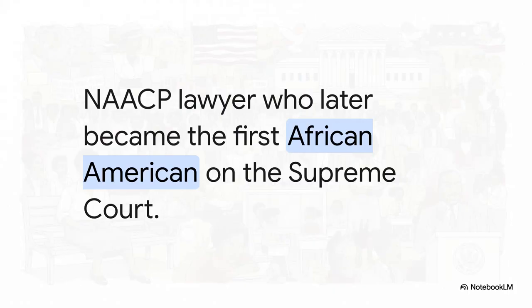And the brilliant legal mind who argued and secured this massive victory for the NAACP? That was lawyer Thurgood Marshall. His work on this case fundamentally rewired the United States. And, in just an incredible historical full-circle moment, Thurgood Marshall would later go on to become the very first African American to serve as a justice on that exact same Supreme Court.